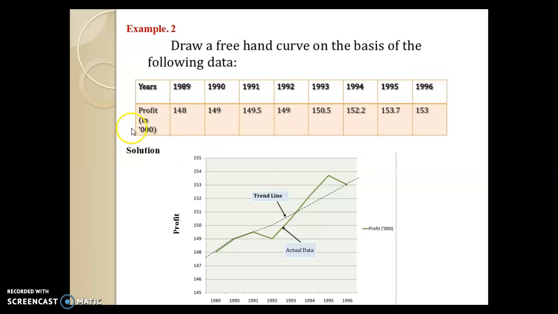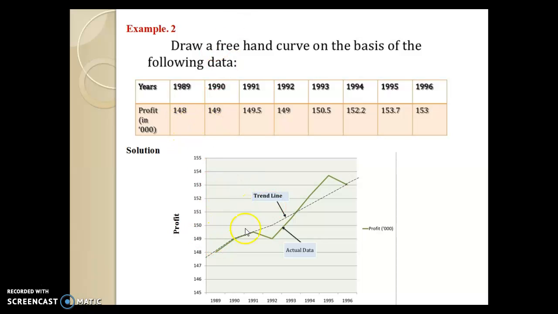Okay, another example of the graphical or freehand method. This data is for 1989 to 1996, and this is the profit in 1000. In 1989, the profit is 1,048.